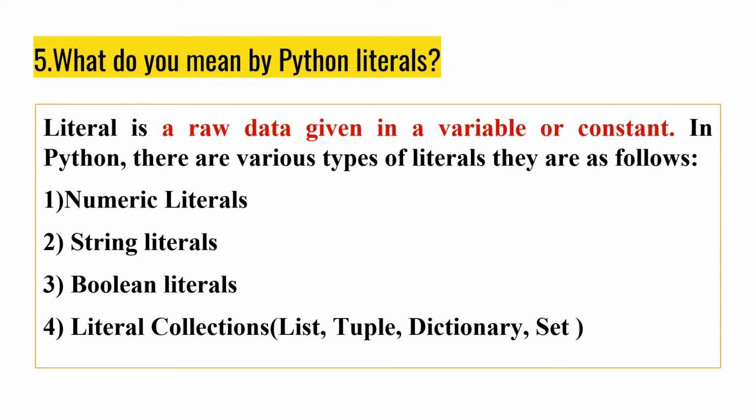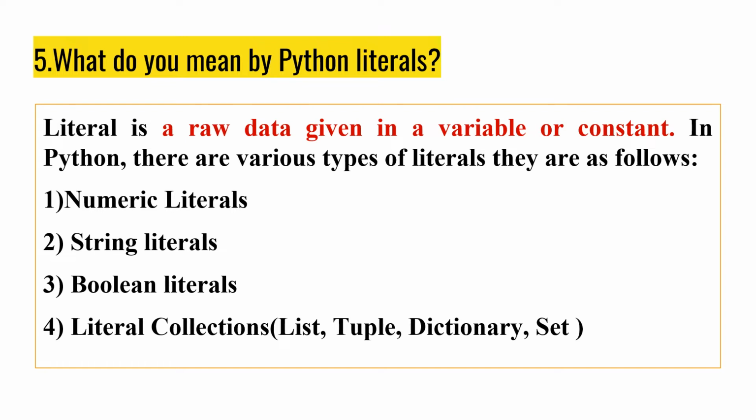So Python can take four different types of inputs. One is numeric literals, string literals, boolean literals, and some data structures. And these data structures include sequences and strings, lists, tuples, dictionaries, and sets.